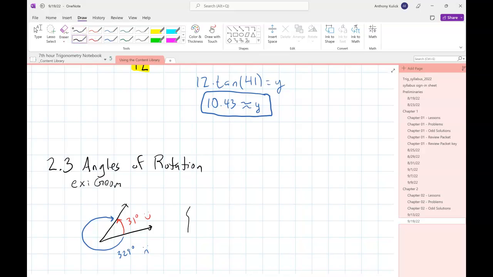If I use this convention, though, what's the biggest angle I can draw then? 180 degrees. Very good.